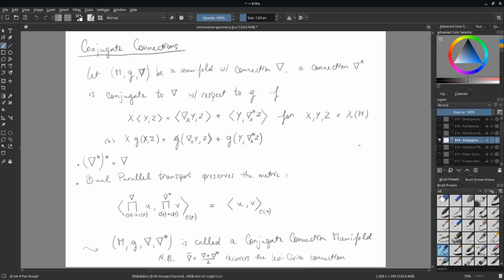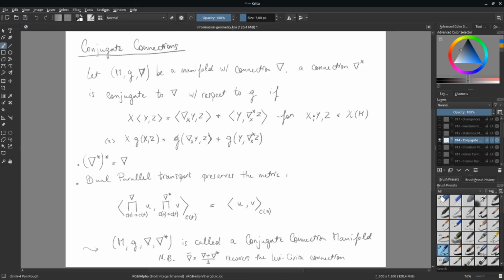So let's say we have a manifold with metric G and connection nabla, and nabla doesn't necessarily have to be compatible with the metric at this point. We'll call a connection nabla star conjugate to nabla with respect to G if the following equality holds, which is essentially a variation on the condition for a connection being compatible.